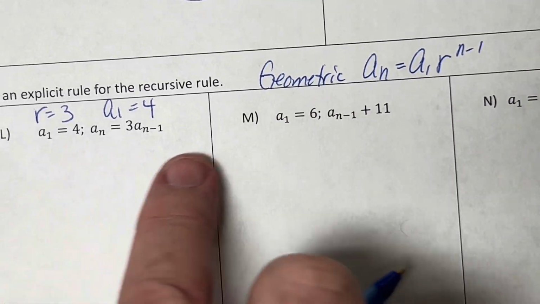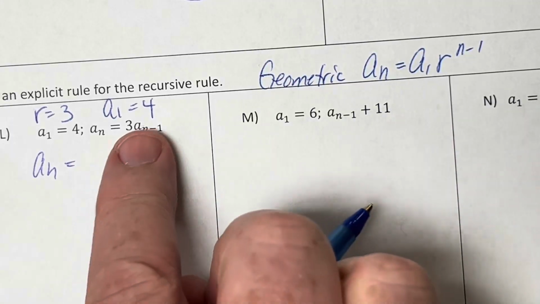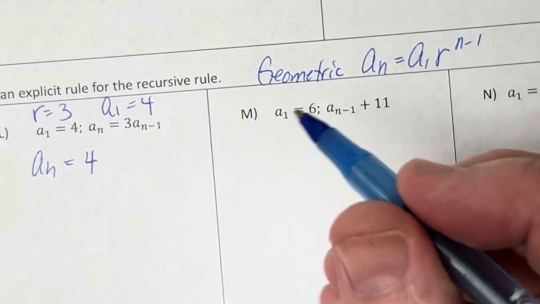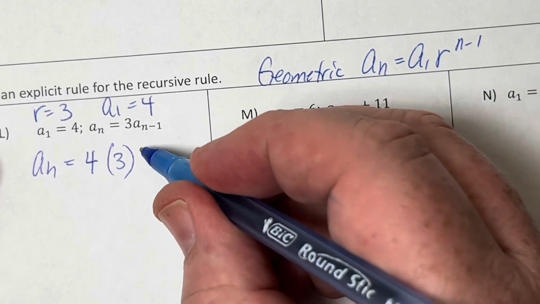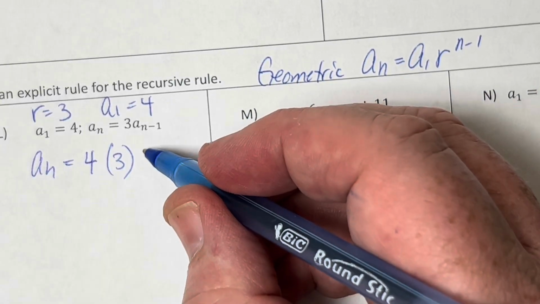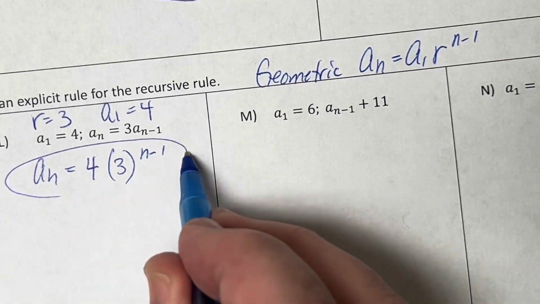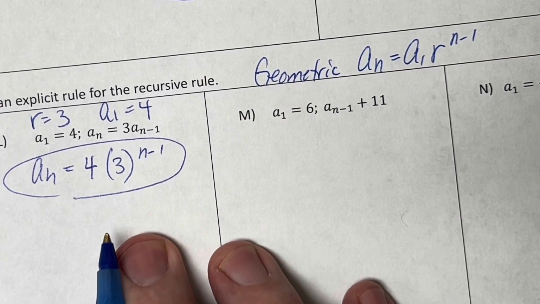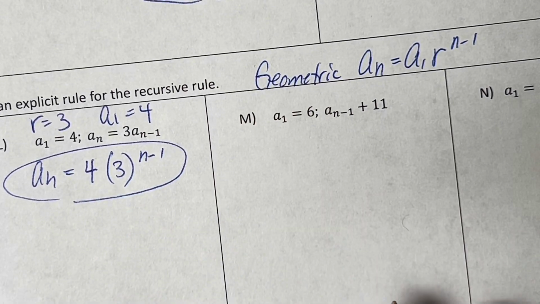So on this, we know a_n equals, and our first term is 4, times 3^(n-1). And really, that's as far as we can take that. They're not asking us to evaluate for a specific term.